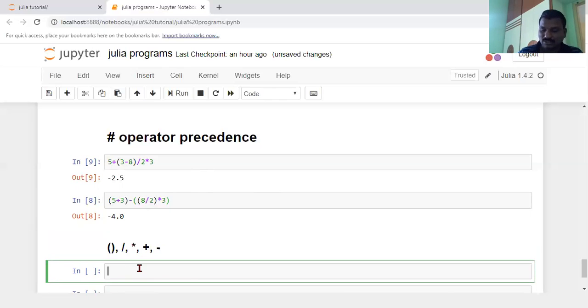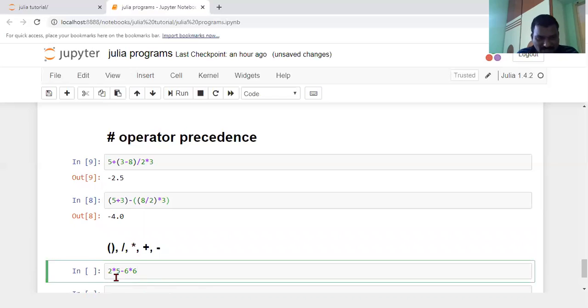For example, 2 into 5 minus 6 into 6. How can you calculate this one?